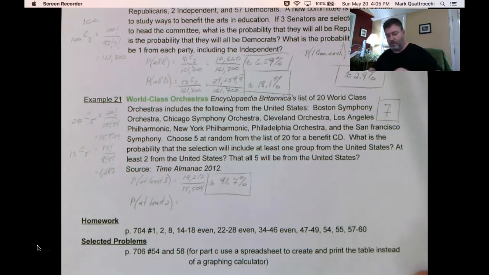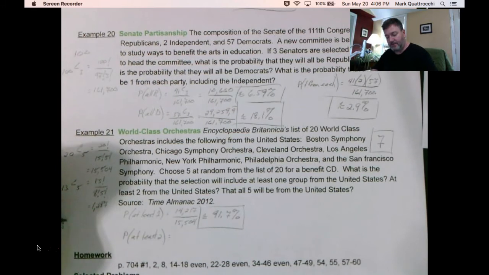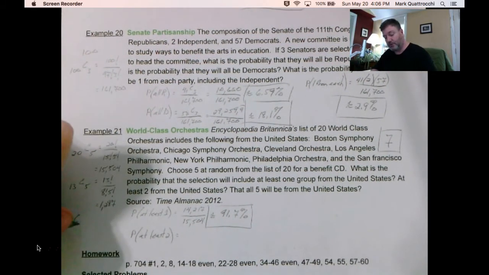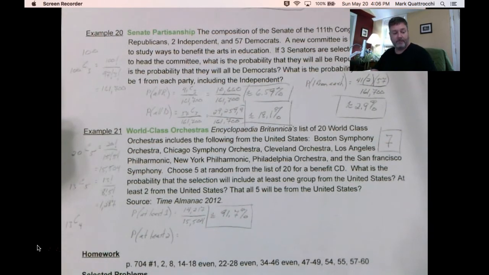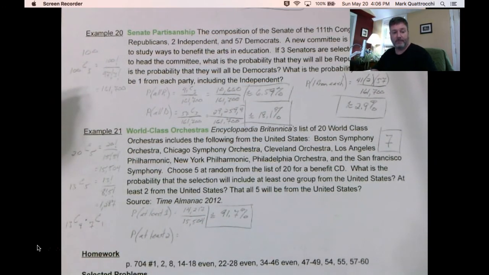Now, what if we also need to calculate the probability of there being 1 from the United States. So if there are 13 that aren't from the United States, and we choose 4 of them, and we multiply that times the 7 from the United States, where we're only choosing 1 of them.